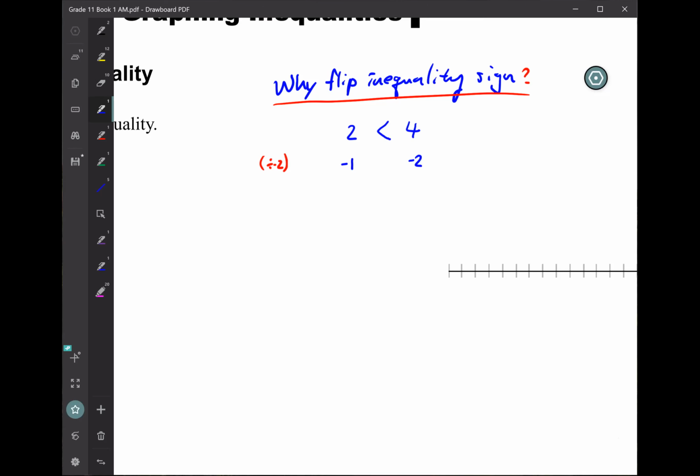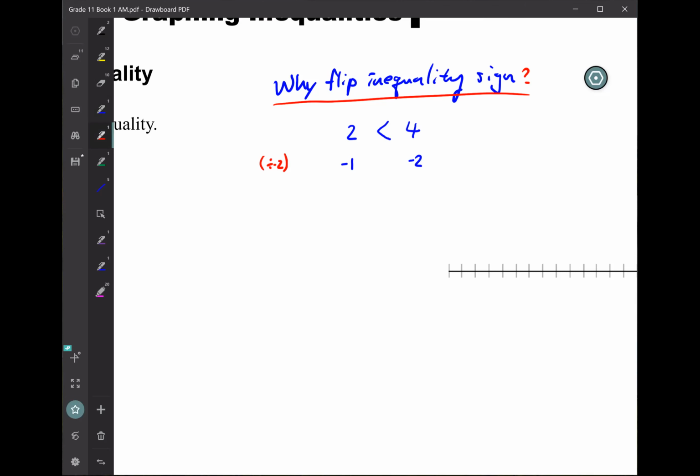So -1 and -2. Eric, which one is bigger? I think it's negative two. -2 is bigger.